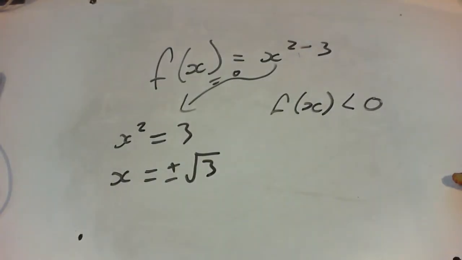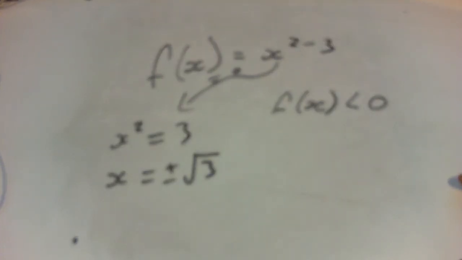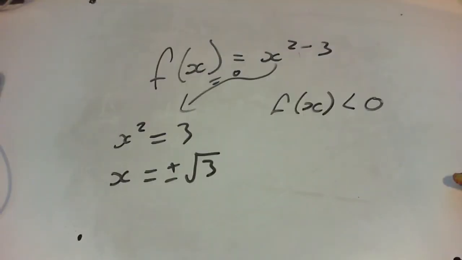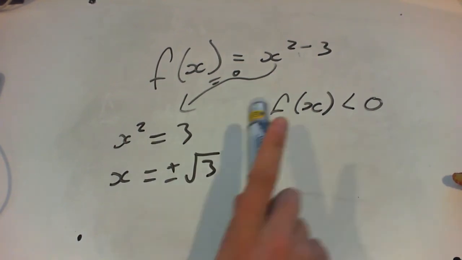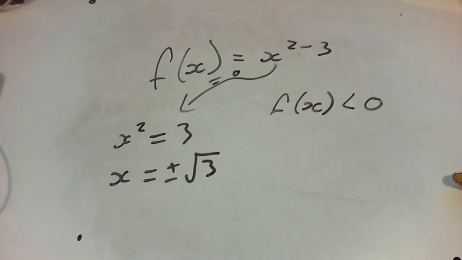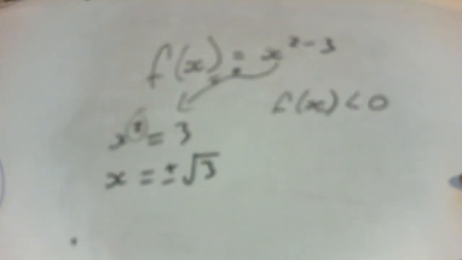That was a little bit of quick algebra there, and everyone should be able to do this. If you can't do this, then you can hit me up and I'll help you. And so all we did here was move the 3 to the other side, we let it equal 0, and then we just square root that 3, and it's plus minus because there are 2 answers because it's a squared term. Hint, hint, wink, wink.